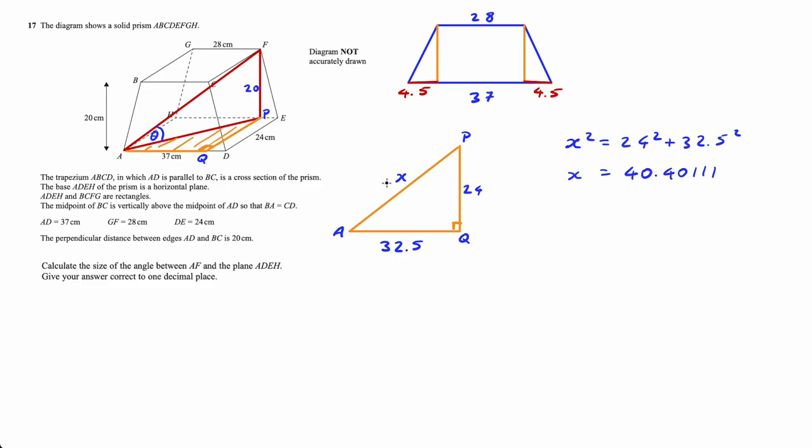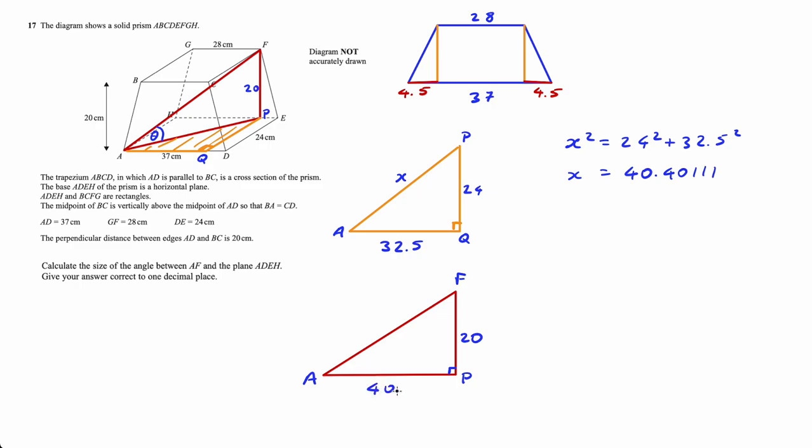And then, now that I have x, let's draw my red triangle here. This is now A, P, F, this is 20, this is a right angle, and this is X, the AP.